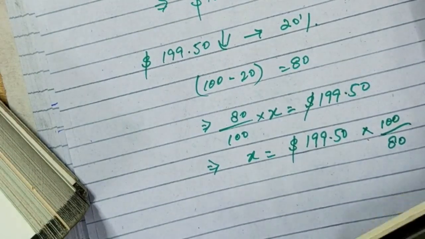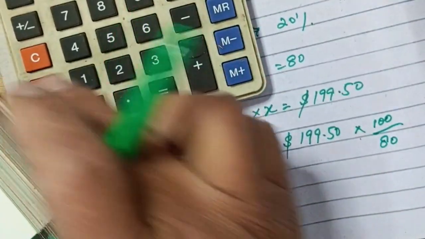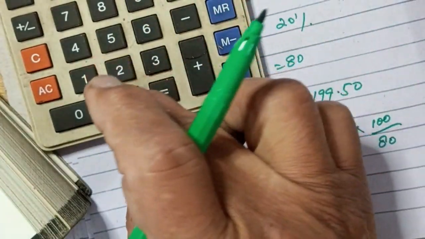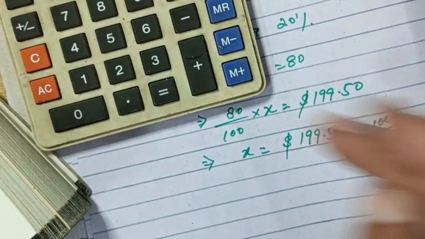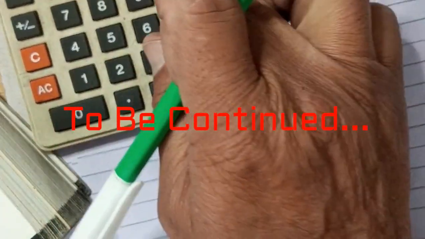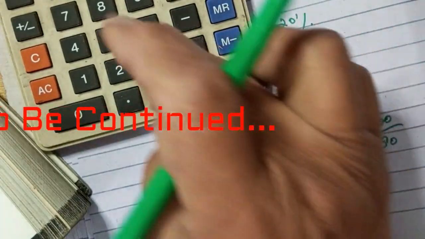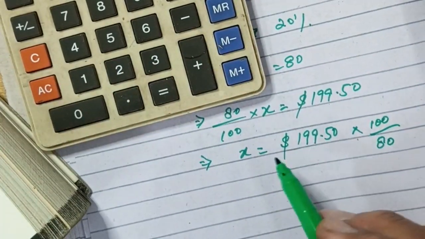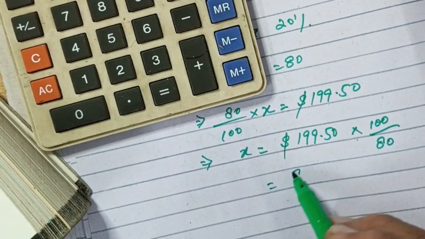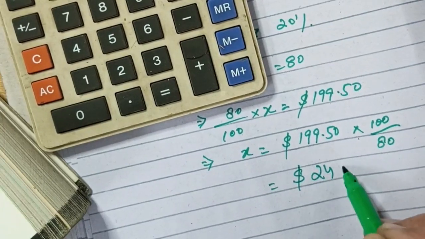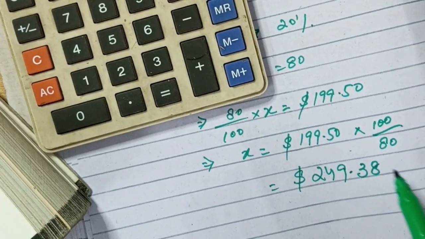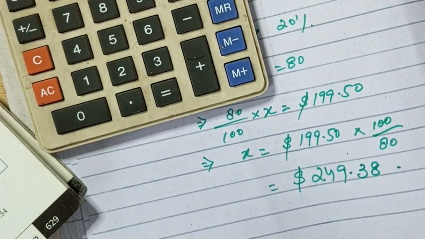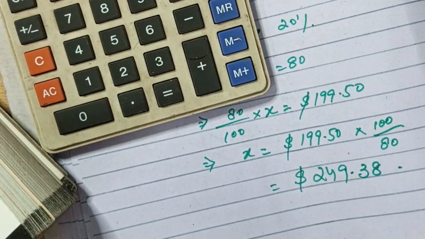Okay, it is clear to you? So let me use the calculator. 199.5 multiplied by 100, and divided by 80. It will become $249.38. So this completes our table.